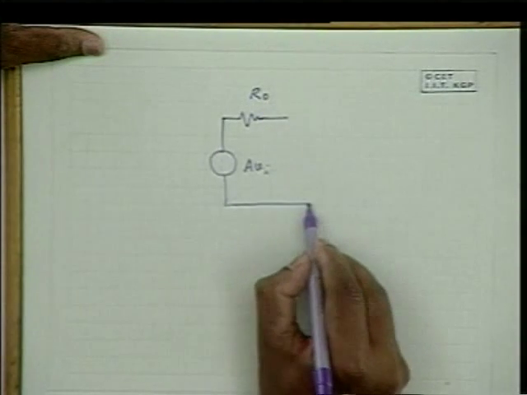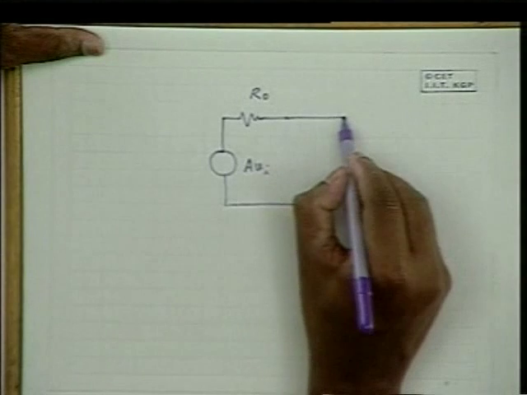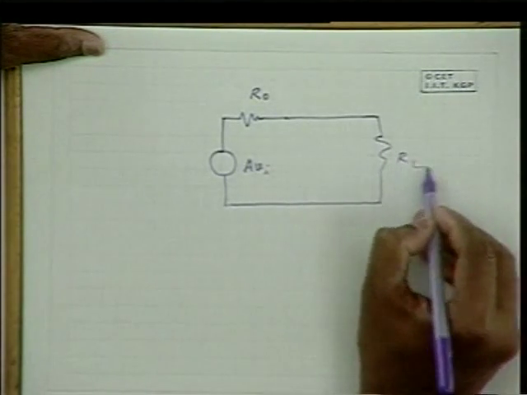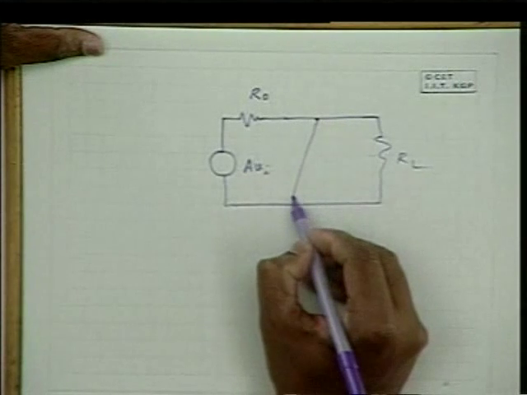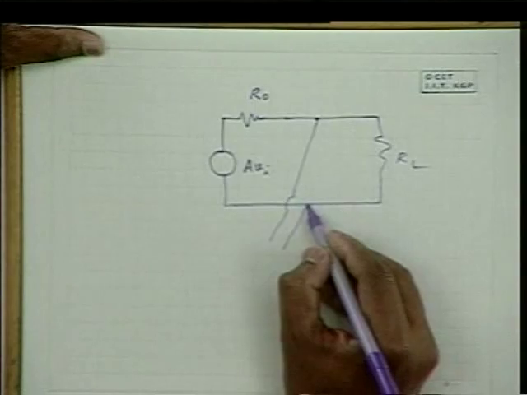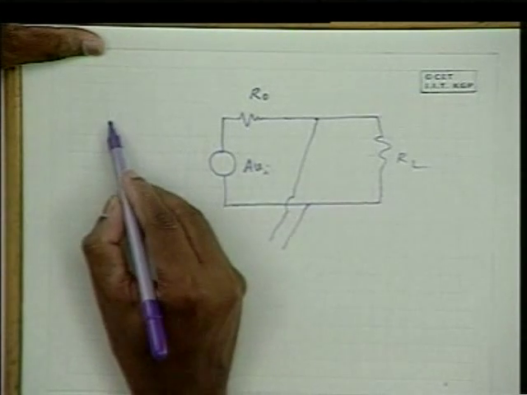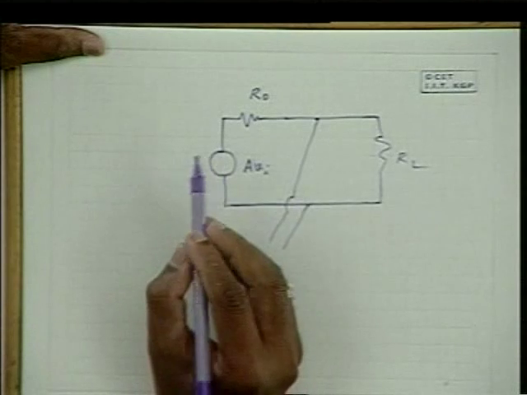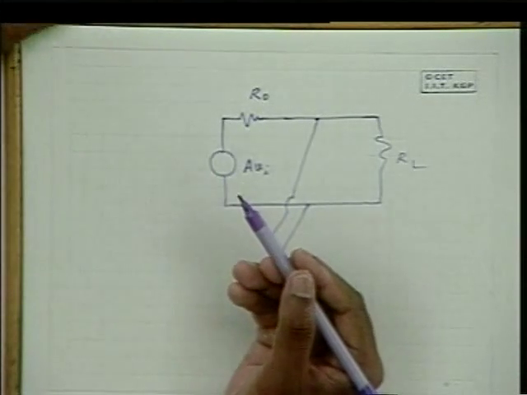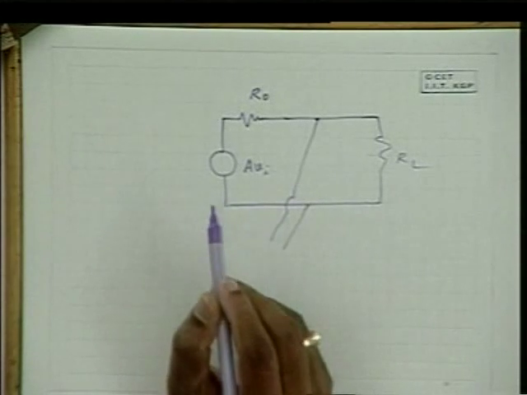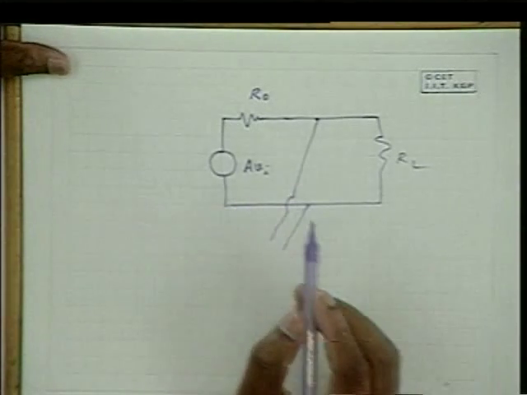Now this is connected to the load resistance RL, and we take the signal like this. And on the input side, we apply the signal either in series or in shunt.